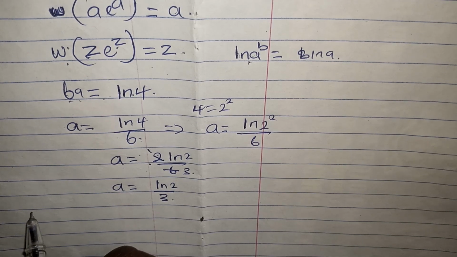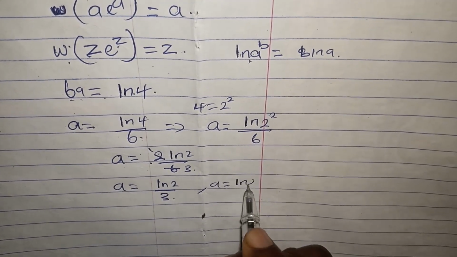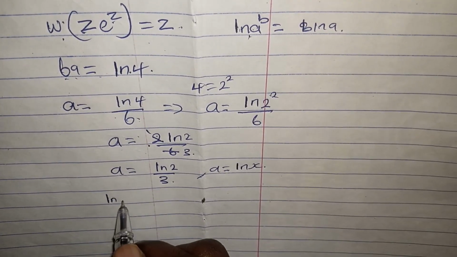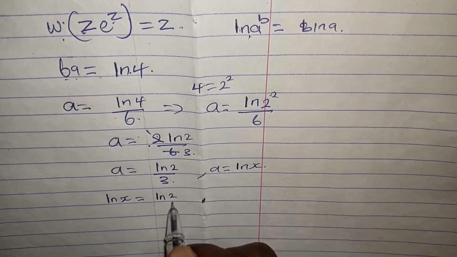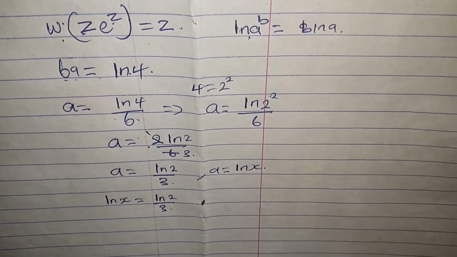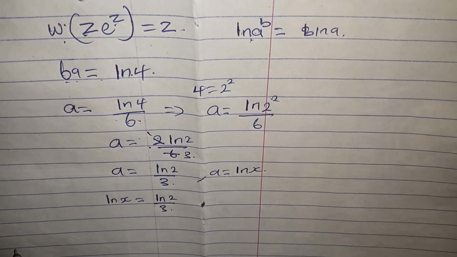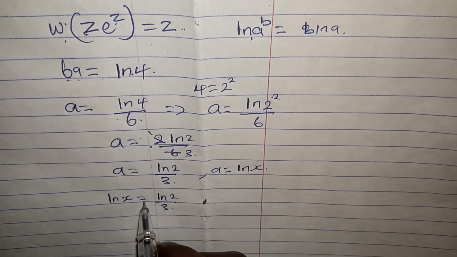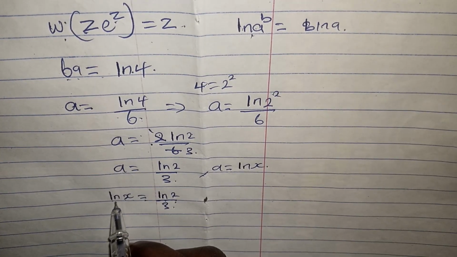Okay, I recall we said our a is equal to ln of x, right? So we can say ln of x equals ln of 2 over 3. So in order for us to look for x, we can take the exponent of both sides.